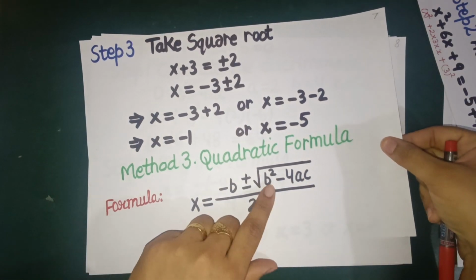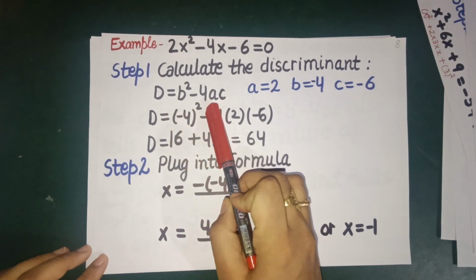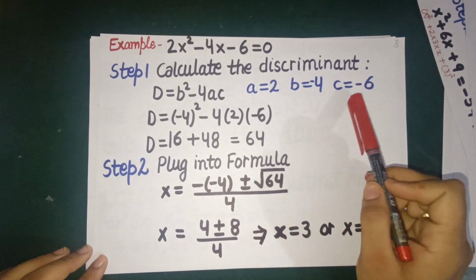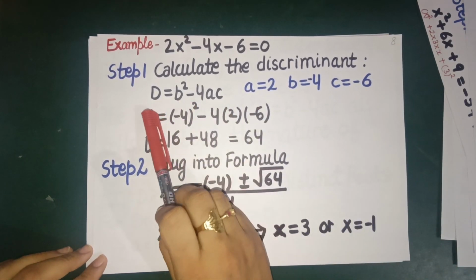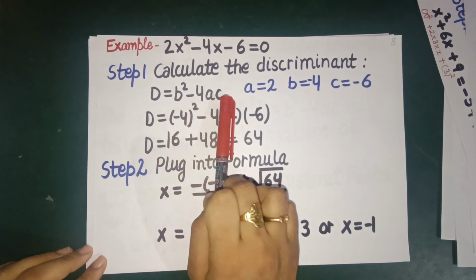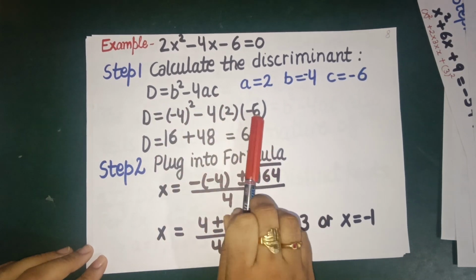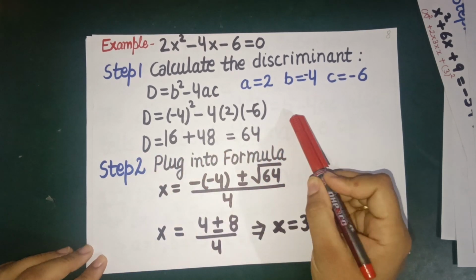Let's find b² - 4ac. Here a is 2, b is -4 and c is -6. So D = b² - 4ac = (-4)² - 4 × 2 × (-6). This gives us D = 64.